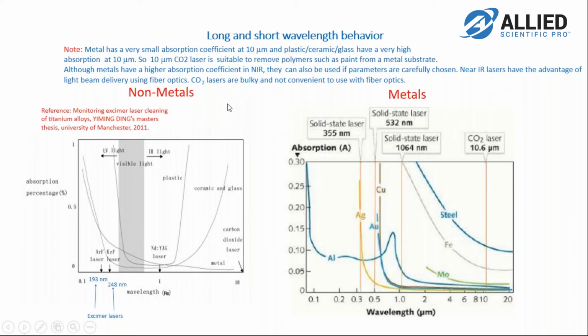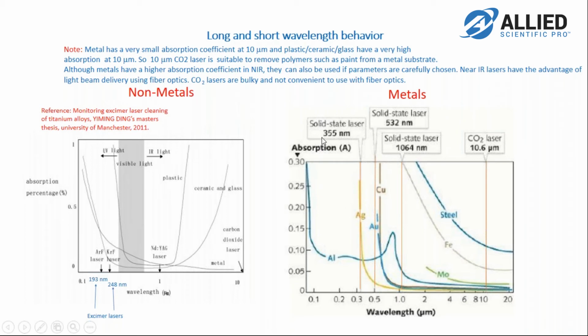That gives us the idea that if you use a 10 micron CO2 laser and you want to remove a paint from a metal substrate, you don't want to damage the substrate. It's a good choice because the polymer absorbs that wavelength of 10 micron, but the metal underneath reflects it. So that's one advantage of the CO2 laser over near IR lasers.